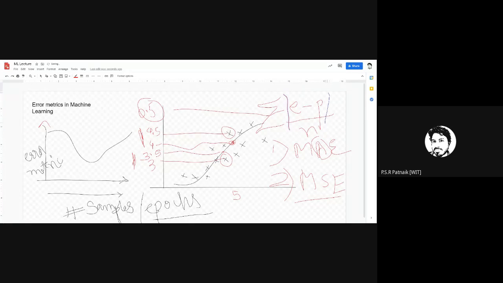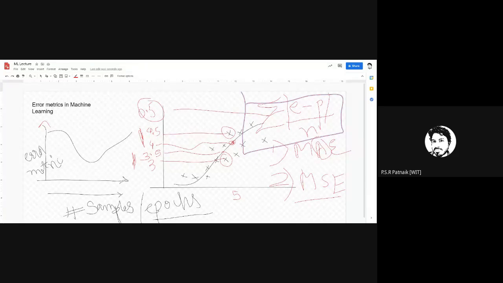I hope you know what an absolute value is. So I do not take into account whether it is a positive or negative difference, I just consider the difference. So this is called mean absolute error. I take the absolute value of differences at each point, and I take the mean value of that.